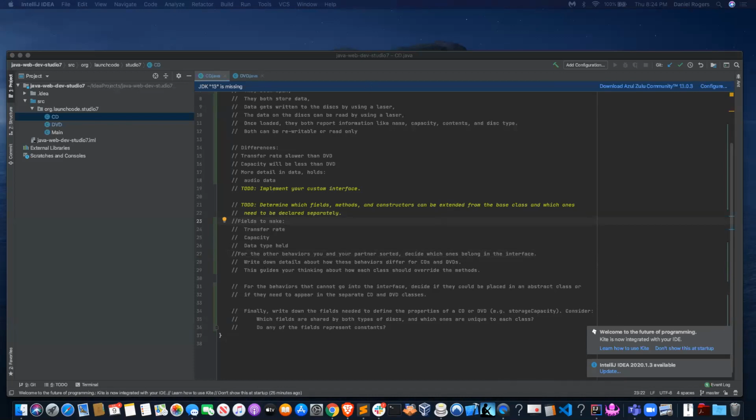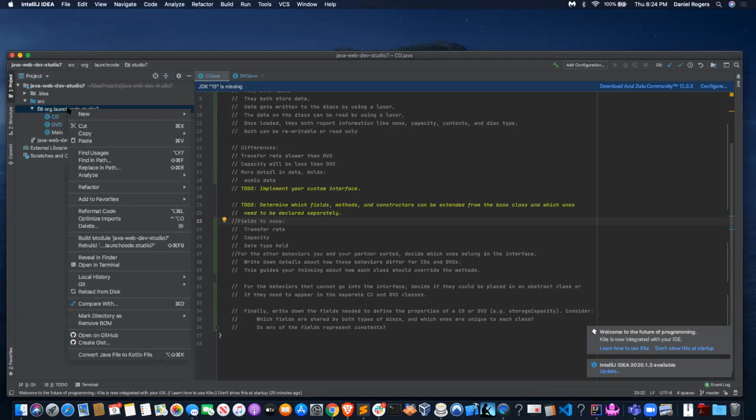Does it say that? I think it says that, doesn't it? Yeah. It says create an abstract base disk class and declare fields used by both CD and DVD. So we should probably put a lot of this planning notes in there.